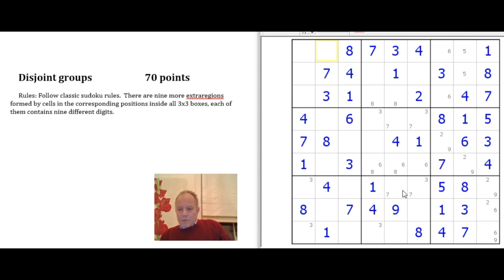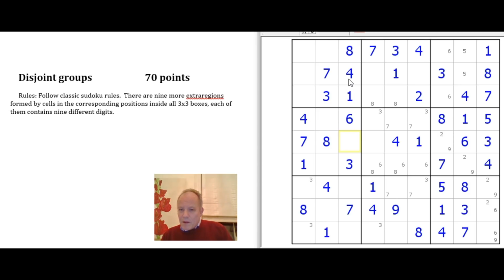But that doesn't help us quite. As I say, we just need one more thing, I think. 5, 3, 4, 2, 6, 9, we know that, 2, 9. This must be 2, 5 or 9.